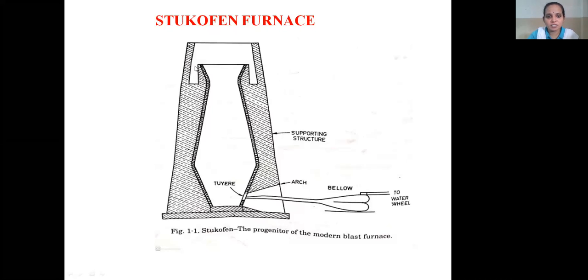The height of this Stukofen furnace has been increased to 3 to 4.5 meters, and it had a rectangular or circular cross section. The product was molten iron. In those days, there was no other route for casting, so the molten iron was tapped into sand beds.